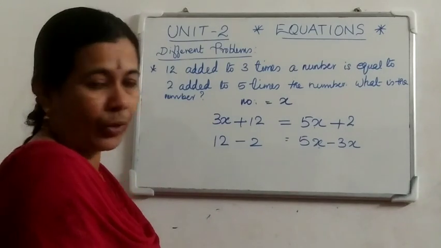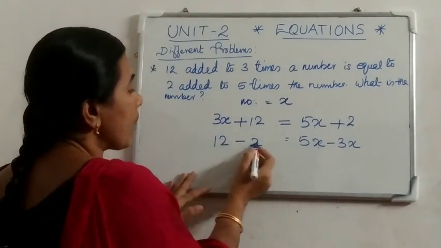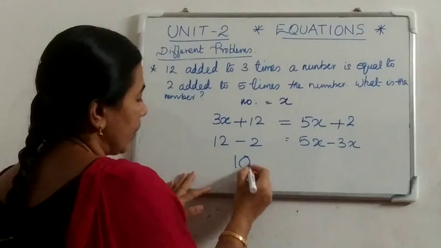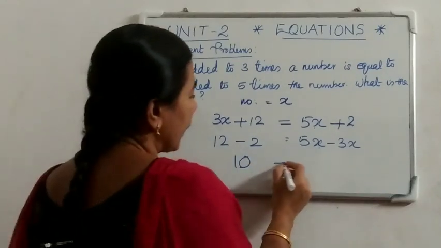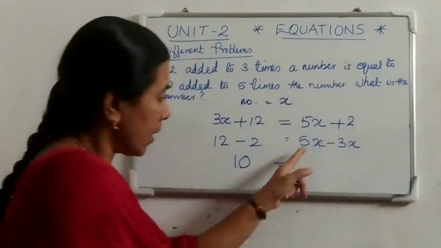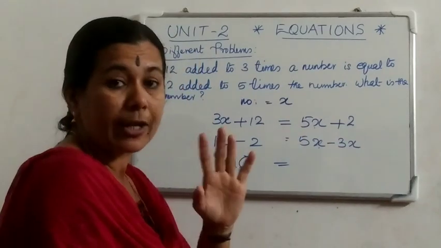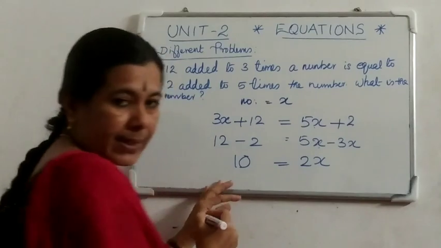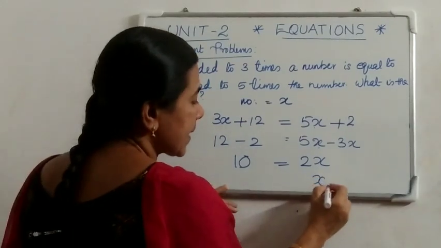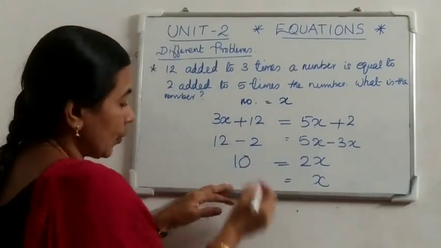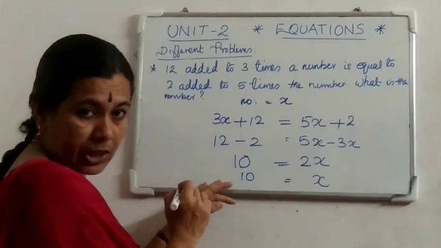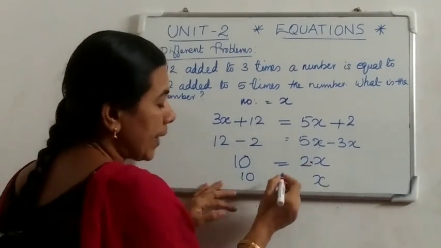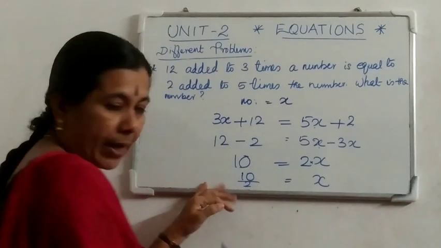Then subtract. 12 minus 2 is 10. And 5x minus 3x: 5 minus 3 is 2, and the variable is x. Therefore, x is equal to 10 on the other side, and this 2, which is multiplied, goes to the other side as division by 2.